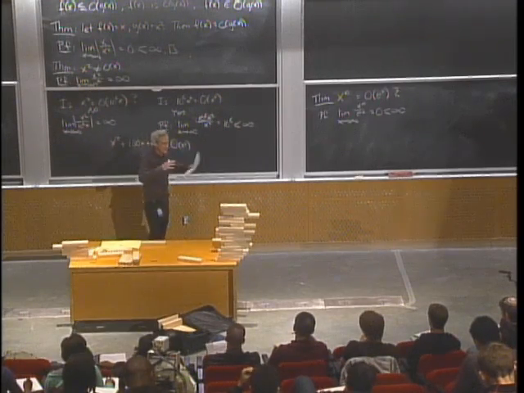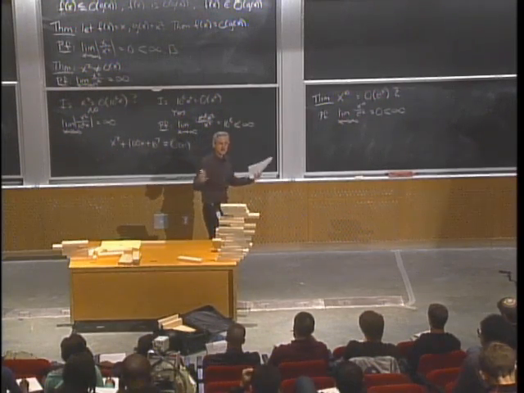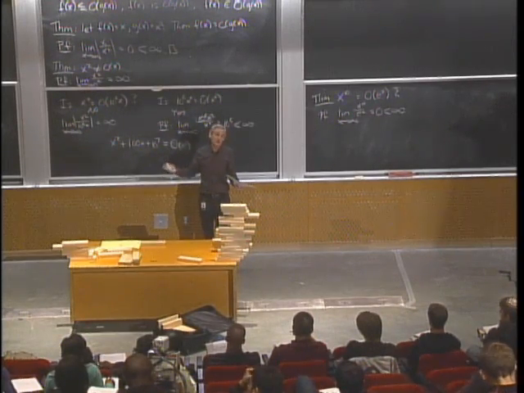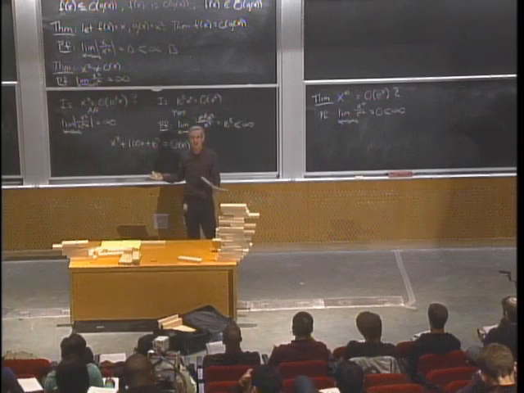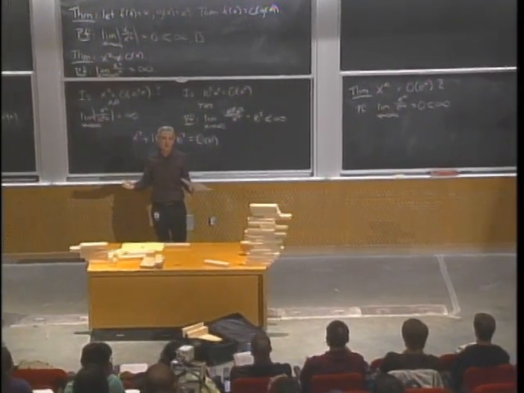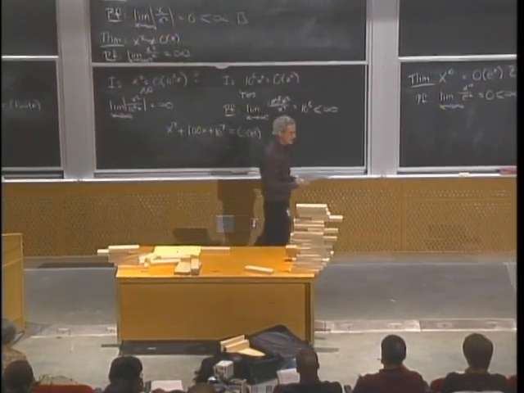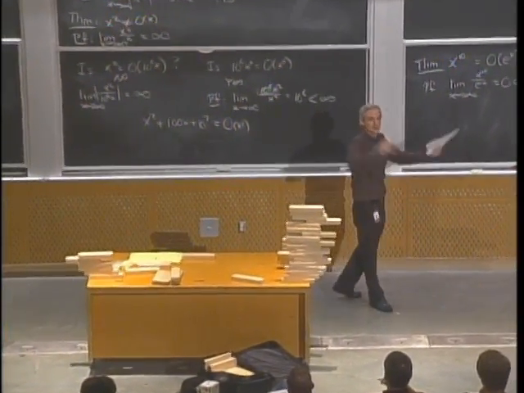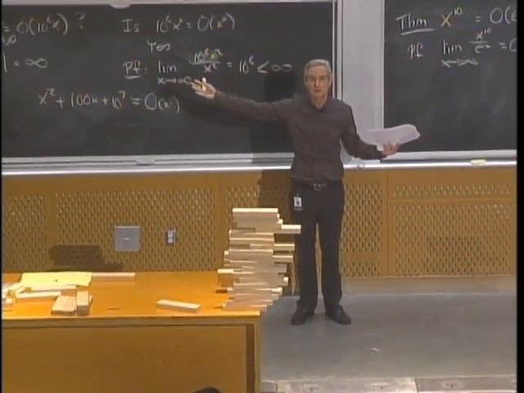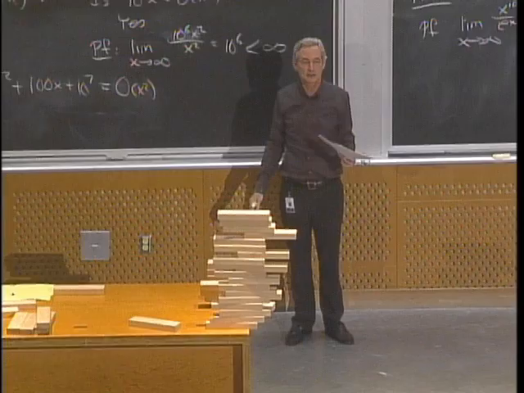And if you start getting caught up in all those details, you lose the important fact of the algorithm. For example, for matrix multiplication, the elementary algorithm takes O of n cubed steps. And that's the important fact. It tells you that if you double the size of the matrix, the running time will increase by at most a factor of 8 in the limit as n gets large.